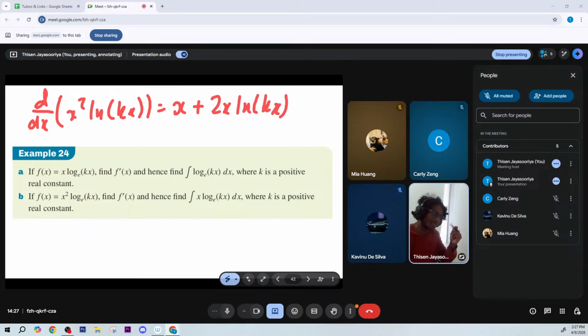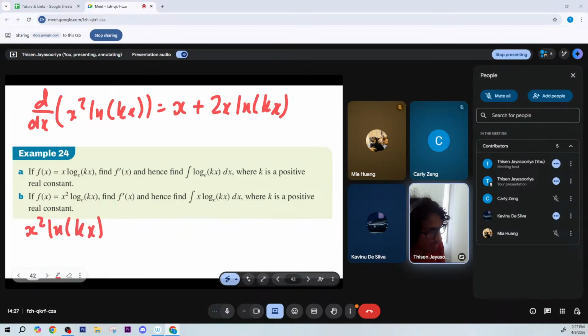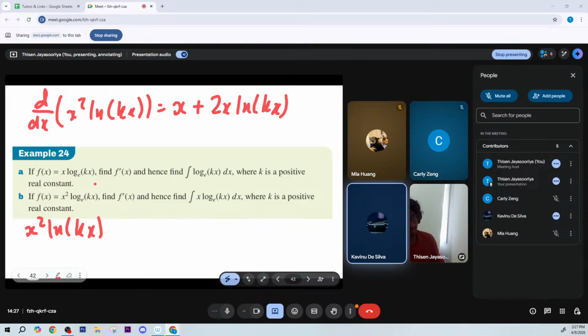So, Kavinu, how can I write the integral expression of this one? The integral of x plus 2x ln of kx dx is equal to... what are you forgetting? Plus c.